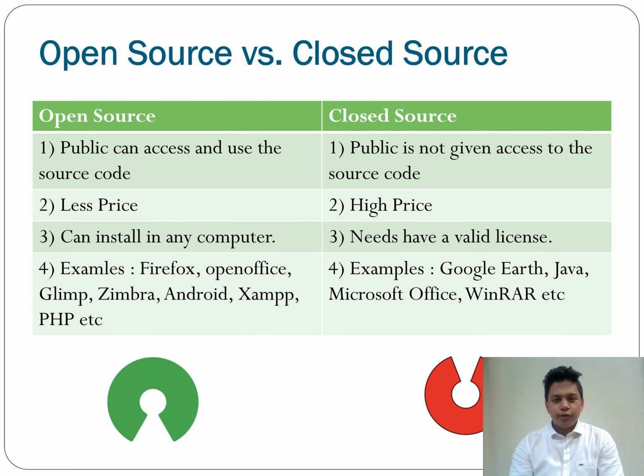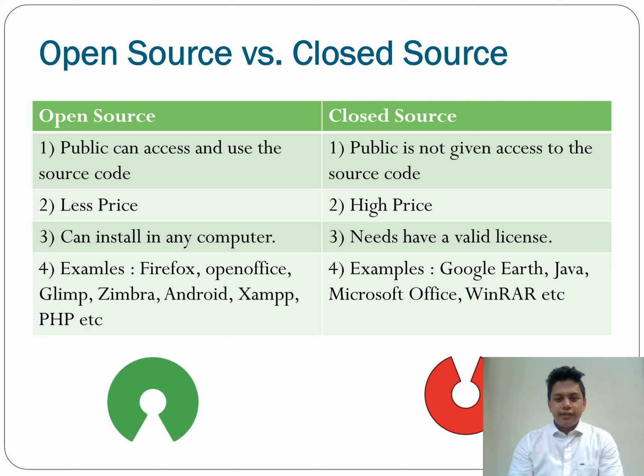So how is open source different from closed source? In open source, the public can access and use the source code, but in closed source, the public is not given access to the source code. Only the developer can change the source code if they want. Open source software is less in price and closed source software is high in price.